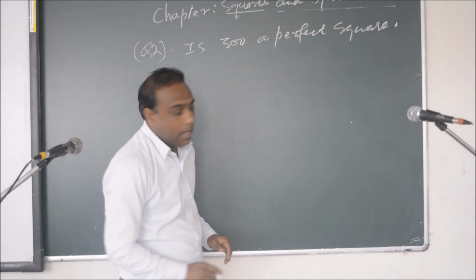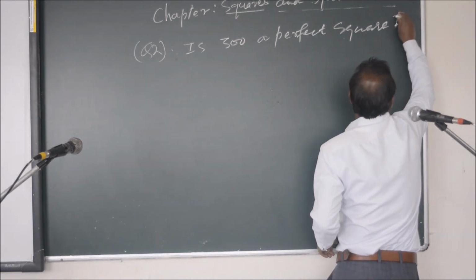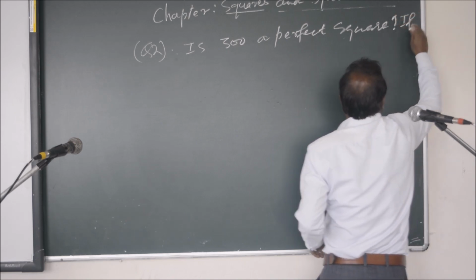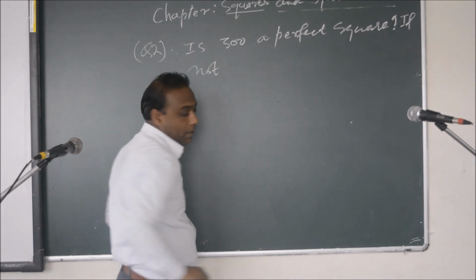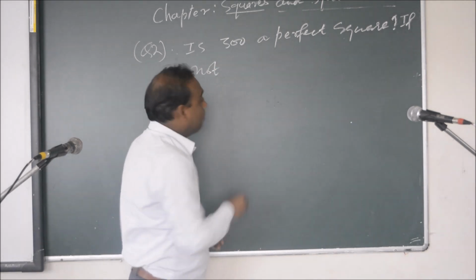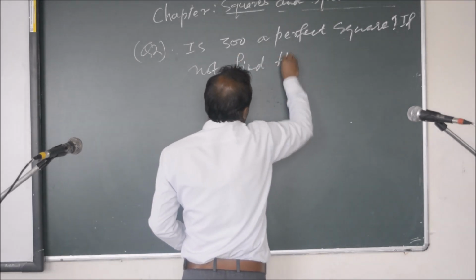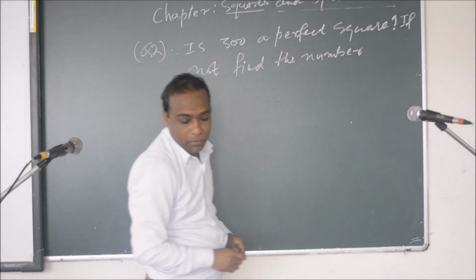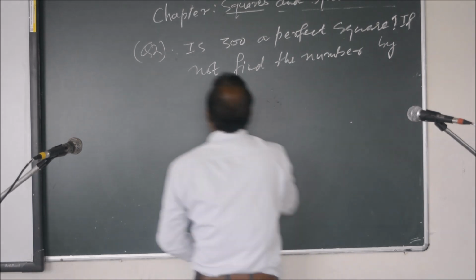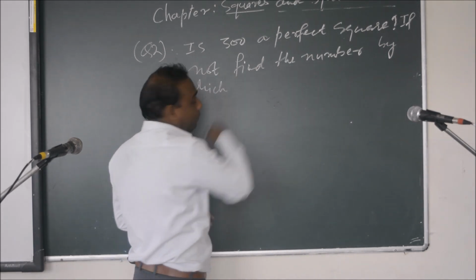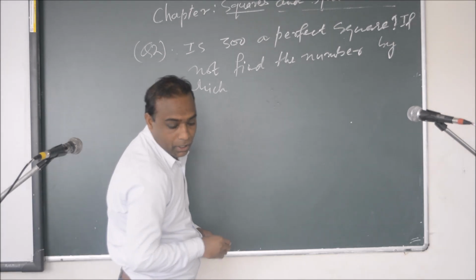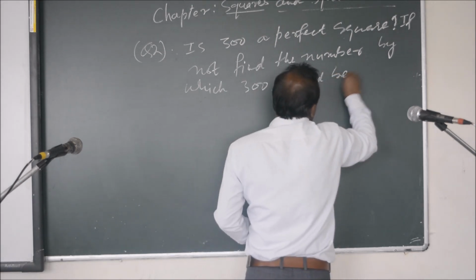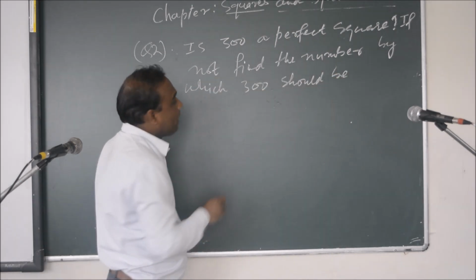And if not, find the number by which 300 should be multiplied.